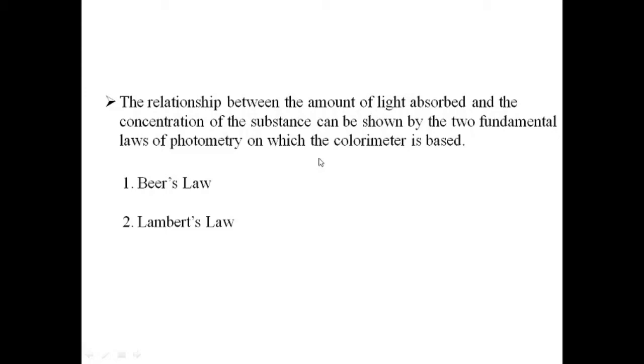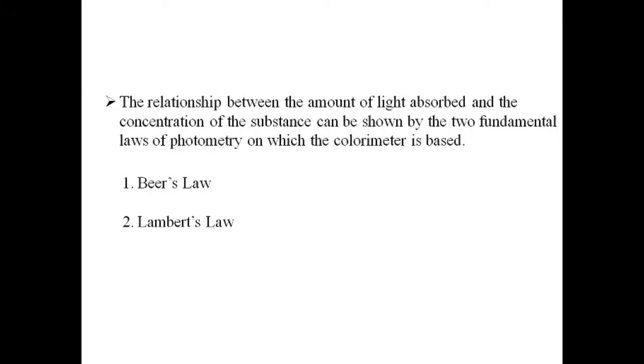The relation between the amount of light absorbed and the concentration of substance can be shown by the two fundamental laws of photometry. On these laws, the working of colorimeter is based.